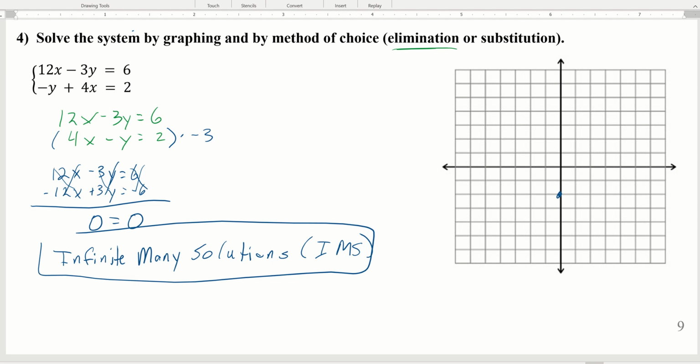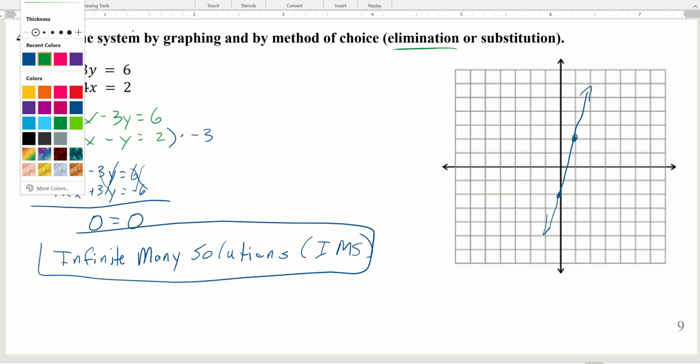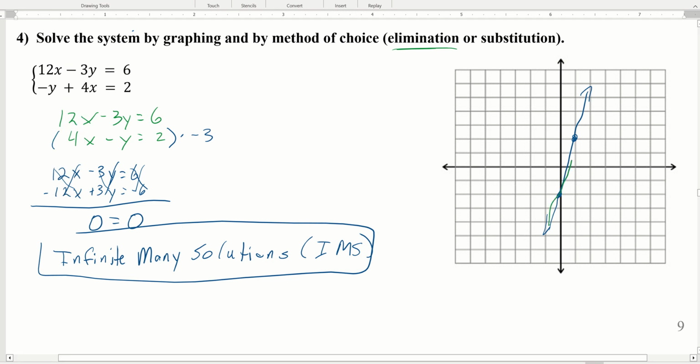Both graphs, the blue and the green, would just be on top of each other. One little side note: it doesn't intersect at a nice point, it intersects at a half. So these you might want to put into slope-intercept form like we did on the first example.